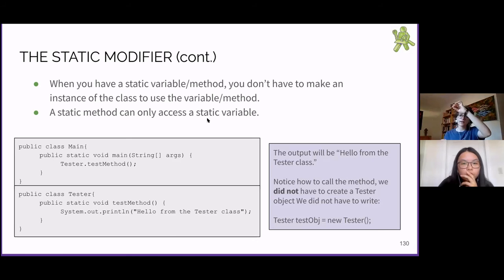Static methods only have a line to static variables. They cannot access instance variables, because if you have something static that applies to everything no matter what, an instance variable may vary. A static variable can't necessarily access the blue or the red or the purple color of the individual car, because it's on a whole different level.